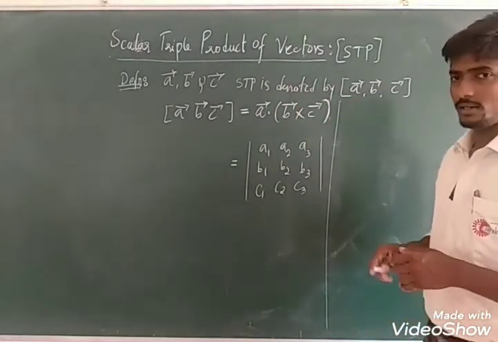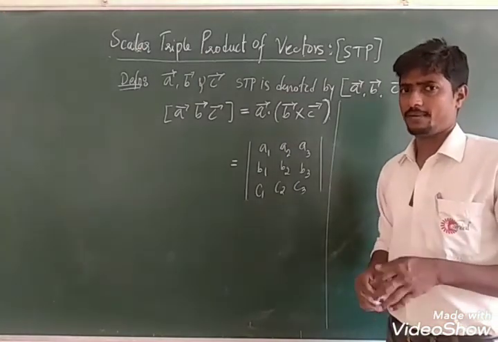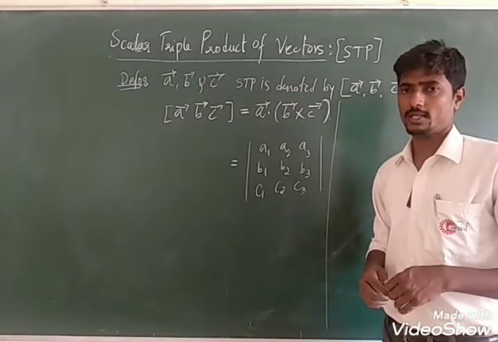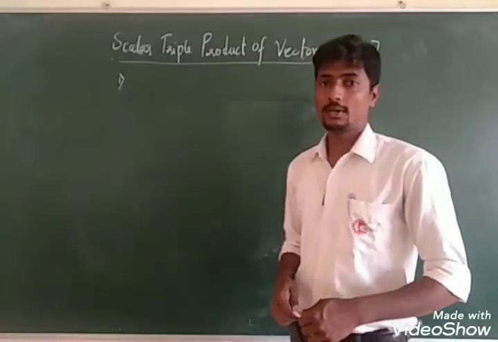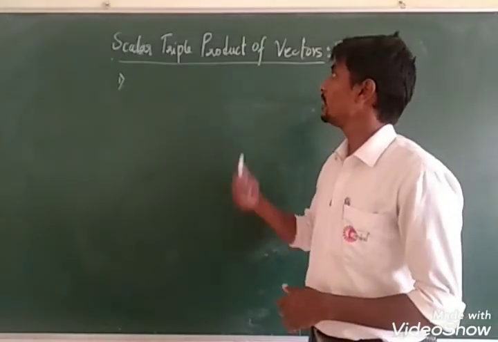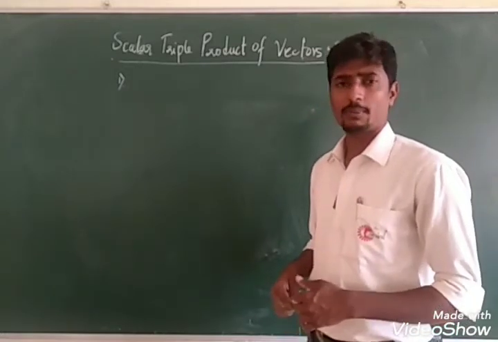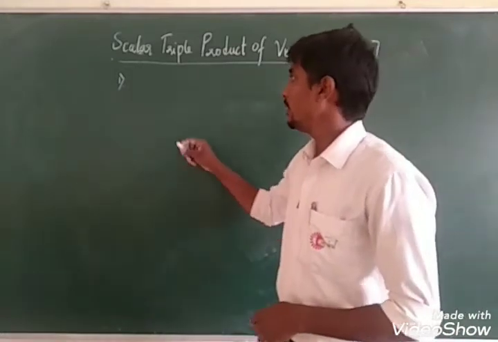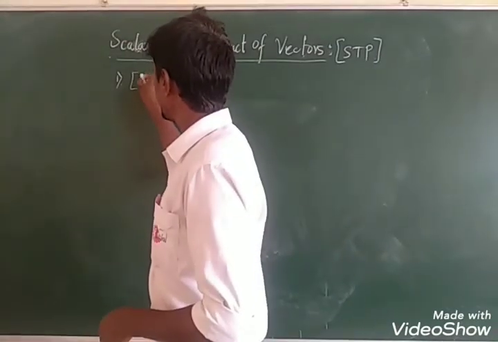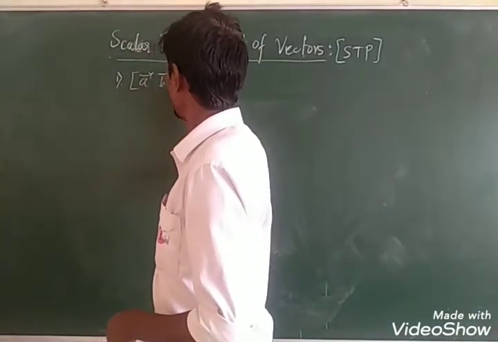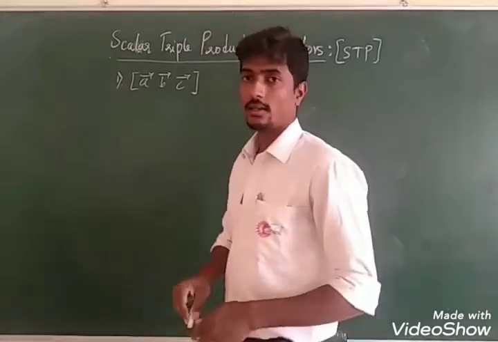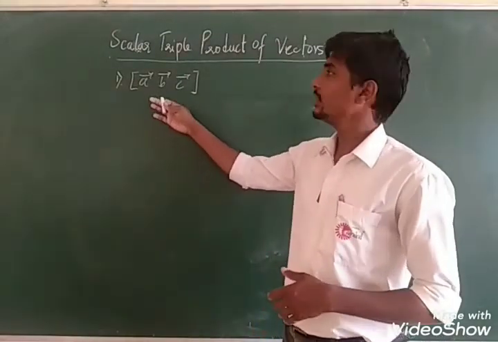Okay, so let us talk about the properties of this scalar triple product. Property number 1: if I have three vectors A, B, C, this is the notation of the scalar triple product.